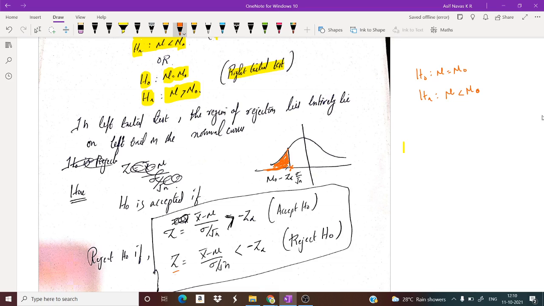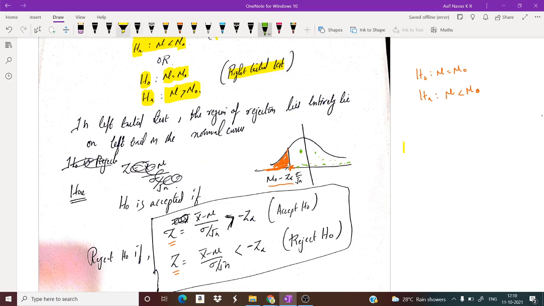So that means z is less than this quantity, we will reject h naught, and if z is greater than this quantity, that is minus z alpha, that means if z falls here, then we will accept h naught.